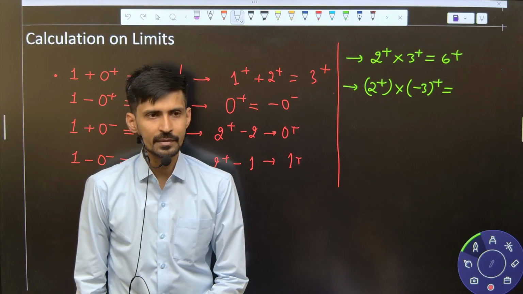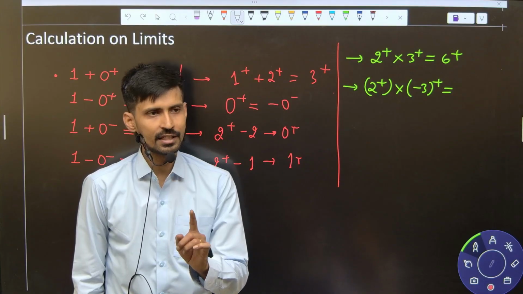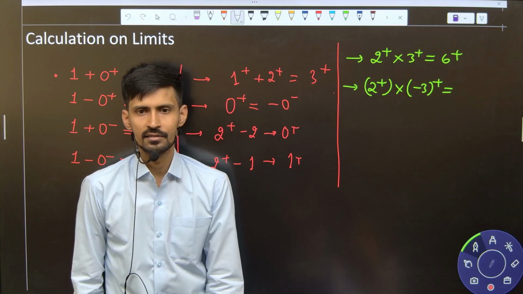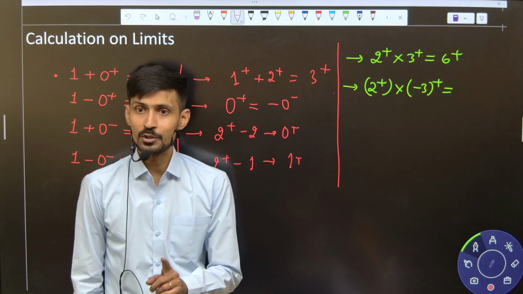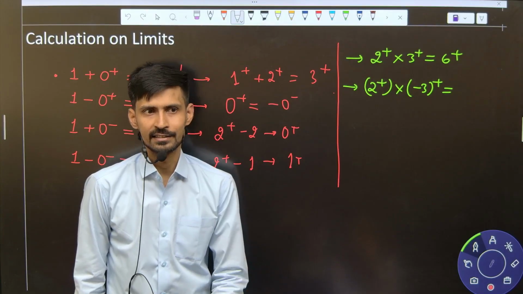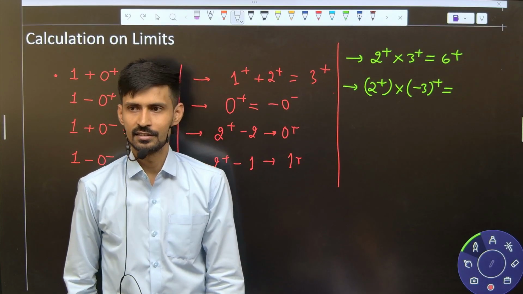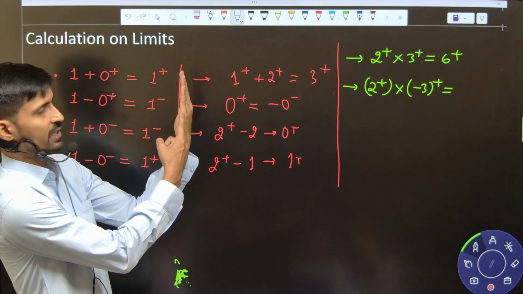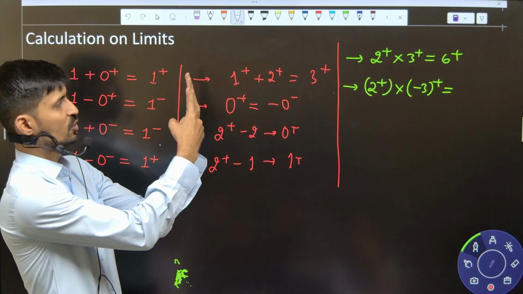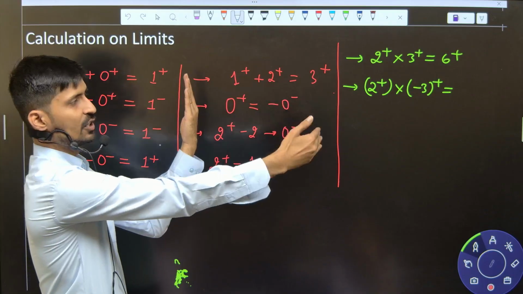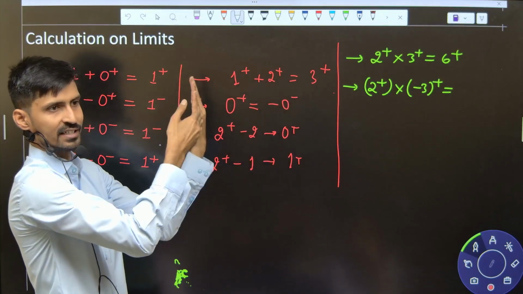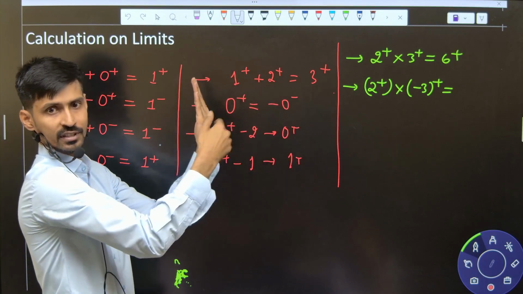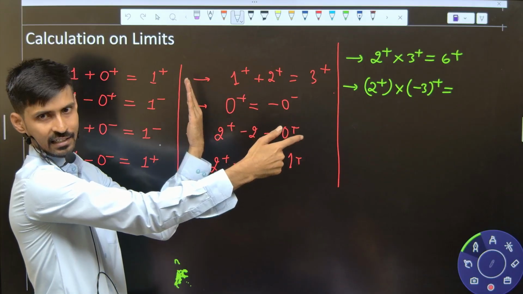Now, if I change my question, how will you represent minus 3 plus? No, minus 2.99999999. Yes? This is minus 3 from your side. So on that side, what will it be? That is 0, minus 1, minus 2, minus 3. So that side the number is between minus 3 and minus 2. That will be minus 2.999999.